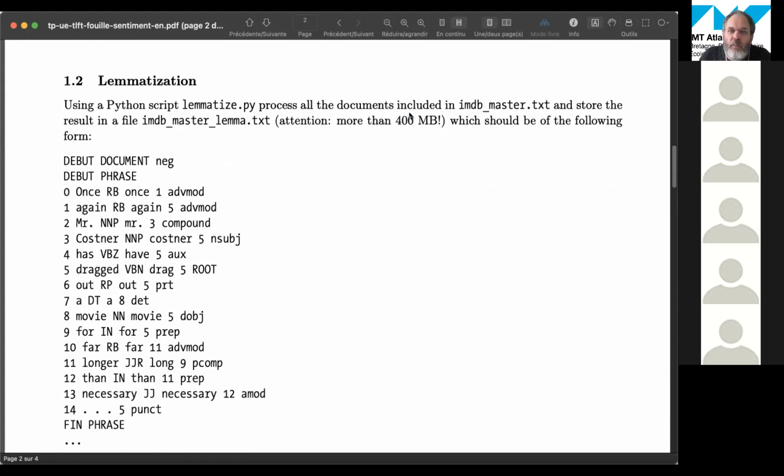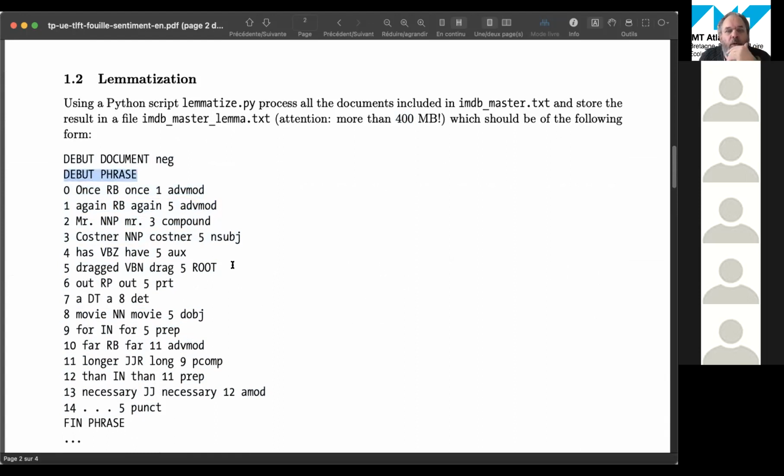And it's big, it's more than 400 megabytes. Remember CONLL notation for each word or each token. And I added début document, début phrase, fin phrase to structure the data a bit.